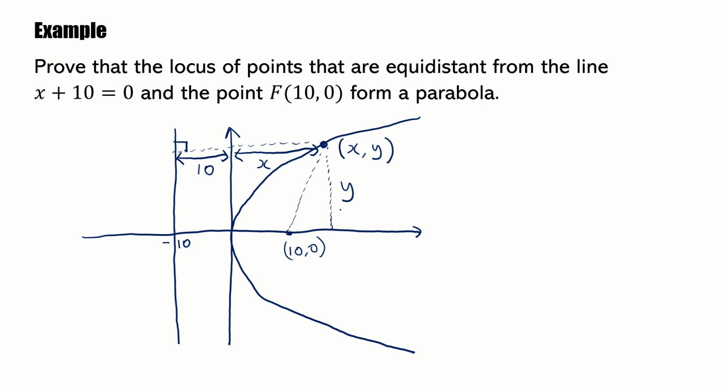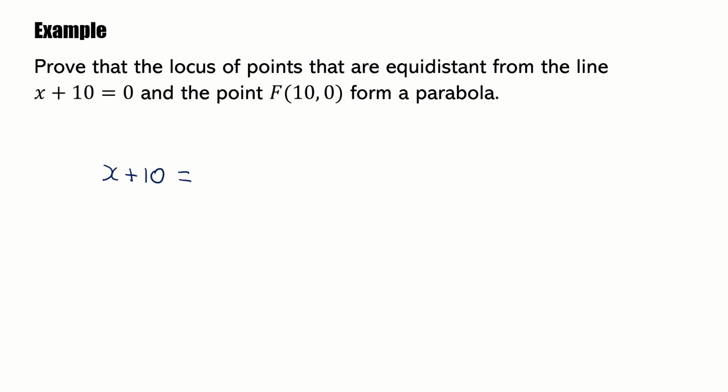And then for the horizontal distance, we're going from an x-coordinate of x to an x-coordinate of 10, which is a distance of x - 10. Cool! So therefore, using Pythagoras, the distance from the point (x, y) to the point (10, 0) will be the square root of (x - 10) all squared plus y squared.